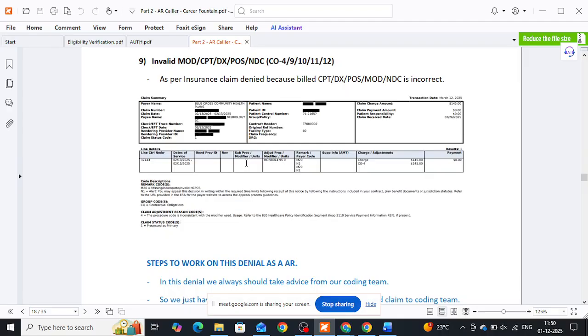Even though we are confident that a certain reason was wrong on the claim, as per every client instruction we have to forward the claim to the coding team first. That's why we can generate one count today, and tomorrow when we receive the response, we can work it and get one more count.